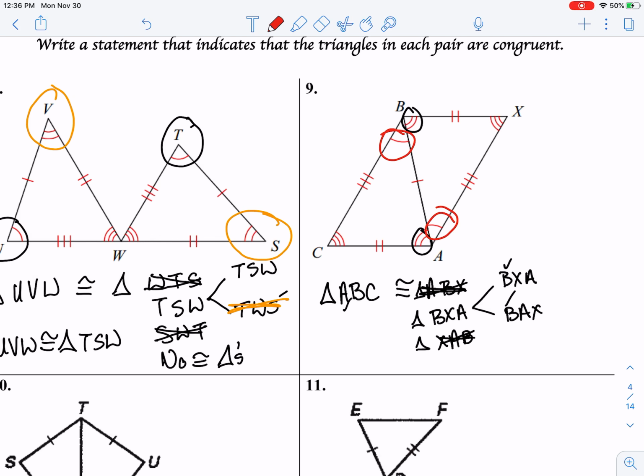A in the other triangle has 1 mark, so I needed 1 mark apiece. Therefore, my answer is triangle ABC is congruent to triangle BAX.